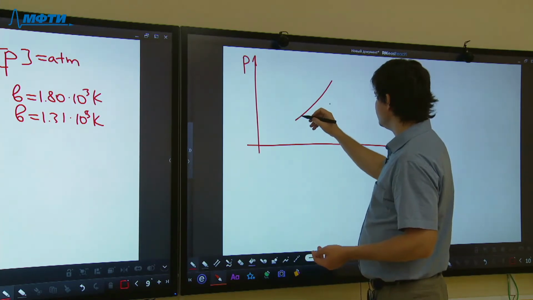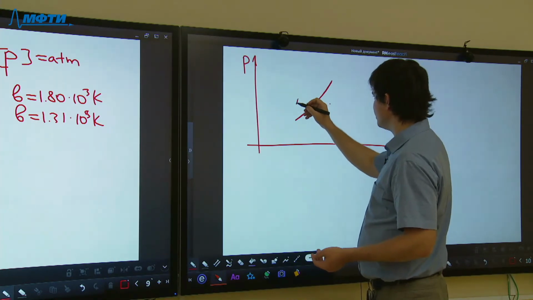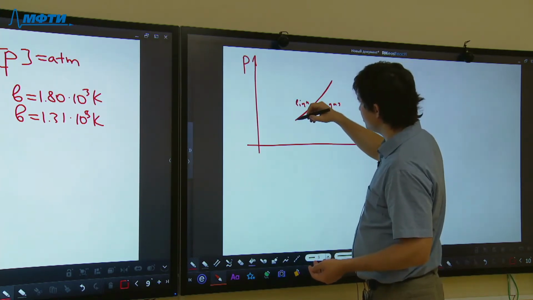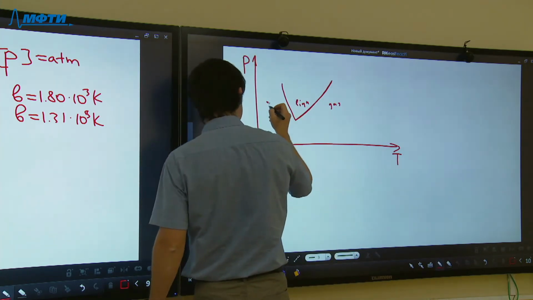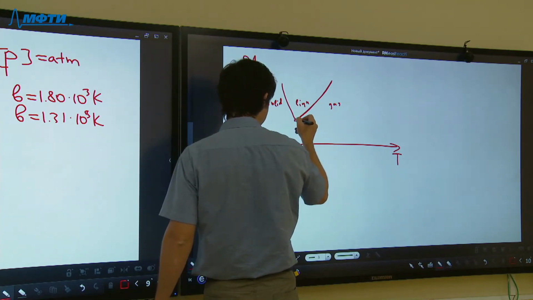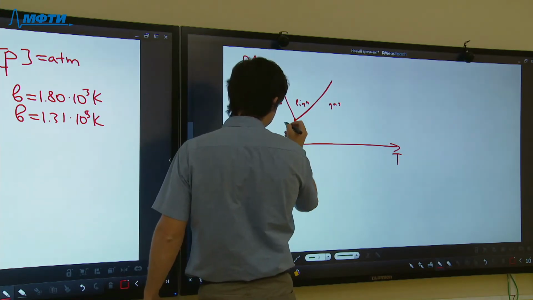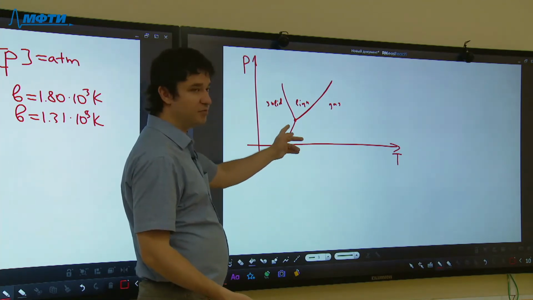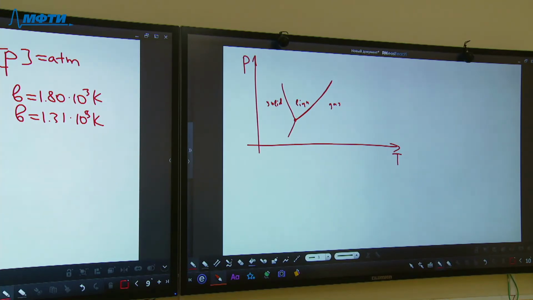If I have it at a constant pressure, I have liquid, then I turn into gas, and if I go to lower temperature, I would freeze, which would give me solid. These curves can meet at some point. This point is the triple point, and there is also a curve which separates solid and gas phase without any liquid. This is where the sublimation process happens.